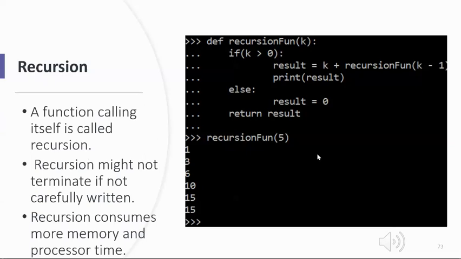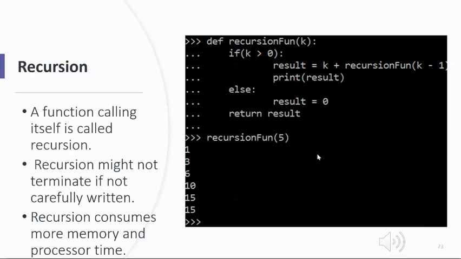Recursion is a technique that can make a program lose context. A function calling itself is called recursion. Recursion may not terminate if it's not carefully written, and recursion may consume more memory and processor time.